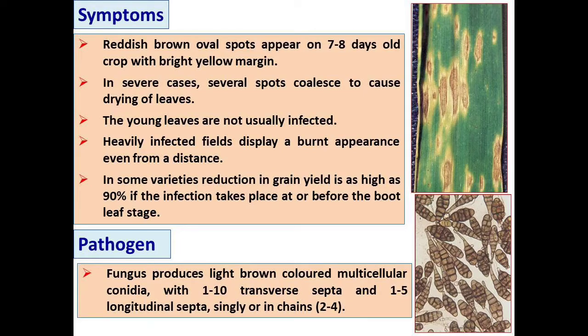Now, for managing this leaf blight disease, we have to use seed treatment that we mentioned in loose smut of wheat and kernel bunt of wheat, that is, soaking the seeds for 4 hours in cold water. After that, dipping the seeds in water at 52 degrees Celsius for 10 to 11 minutes, which helps to control the initial inoculum.